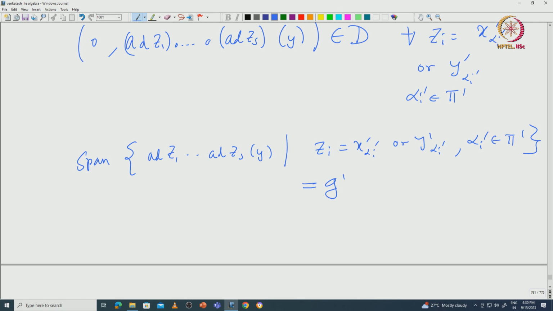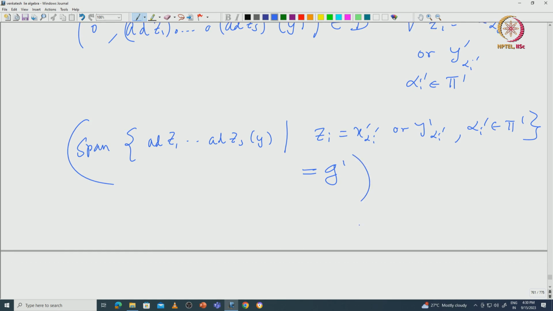Because g dash is generated by g dash alpha dash and g dash minus alpha dash, where alpha dash comes from pi dash, this generates it. So, that implies that (0, g dash) is a subalgebra of this capital D. By symmetry you can easily see that (g, 0) is also a subalgebra of D, which forces D to be equal to g direct sum g dash.